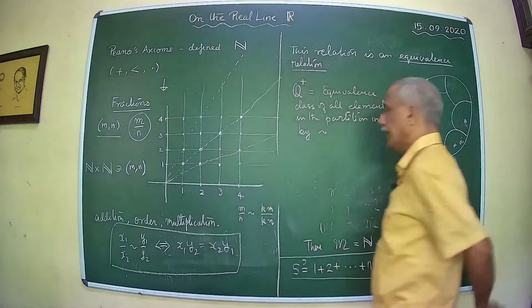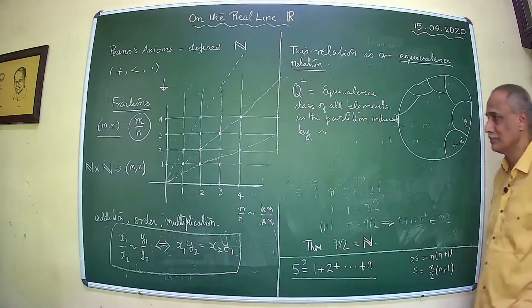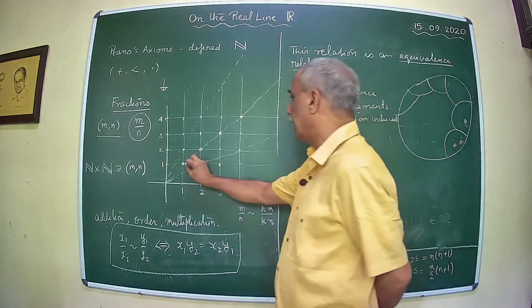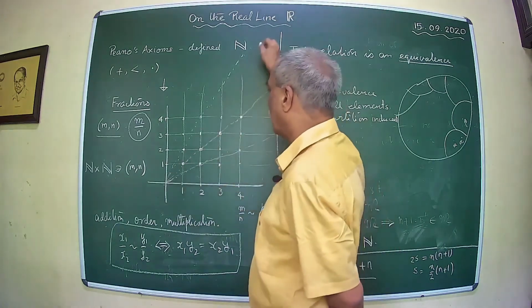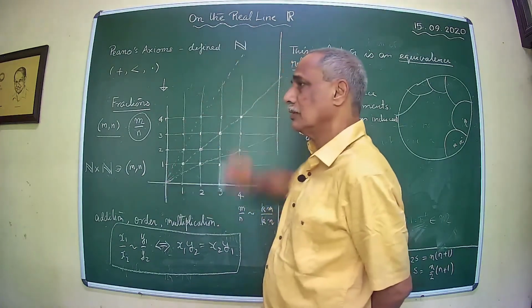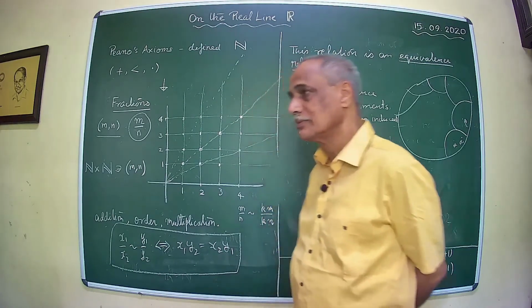If you want a concrete picture of this, all the lattice points on each of these lines are what are called related. Okay.